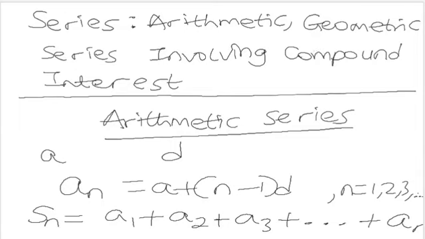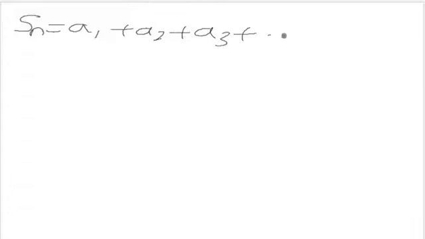So now I want to derive a simple formula for Sn. We know that Sn is A1 plus A2 plus A3 plus up to AN, with some terms in between.